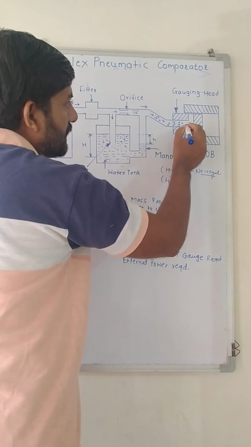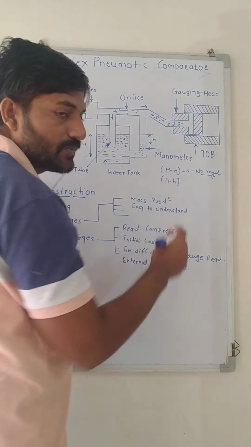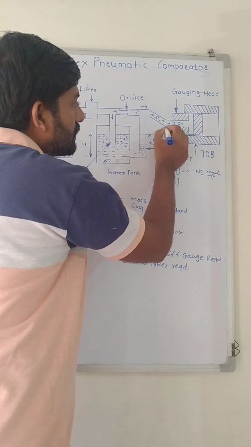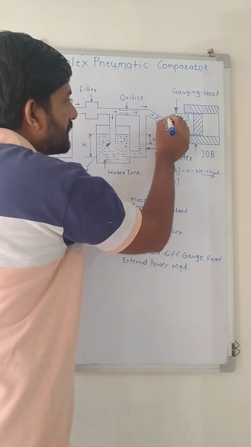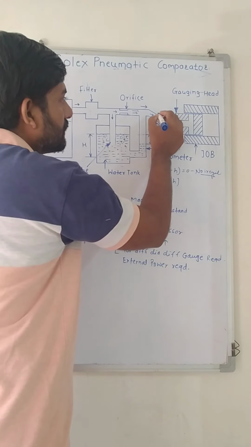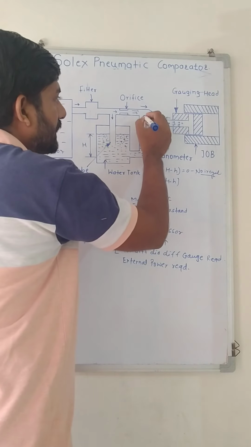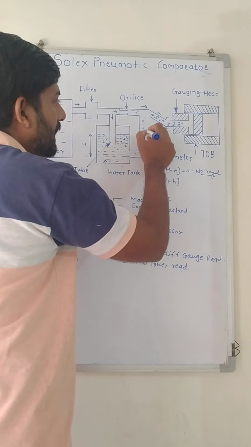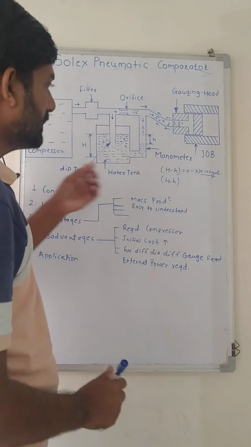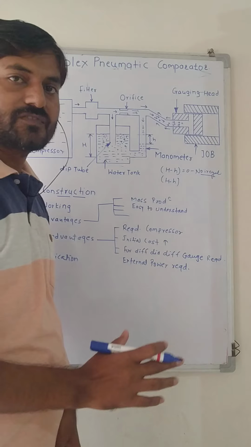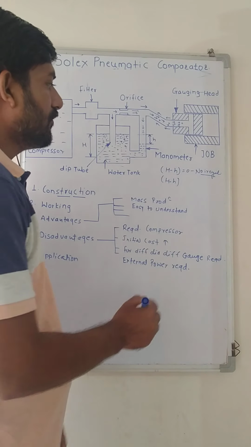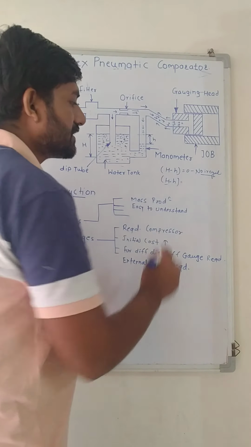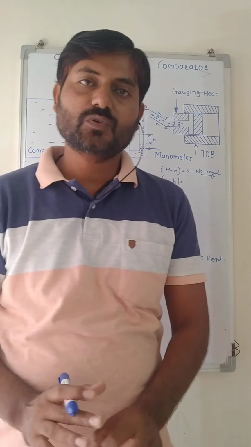When air strikes the periphery of the given cylindrical job and an irregularity is present, the air will exert a back pressure because of the irregularities present in the job. So back pressure is created and air moves backward, and the air acts with pressure in the manometer, and here you can note the manometer difference. This is how we can calculate whether the given surface is perfectly flat or not.